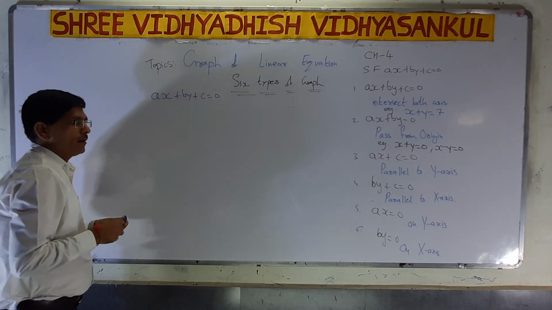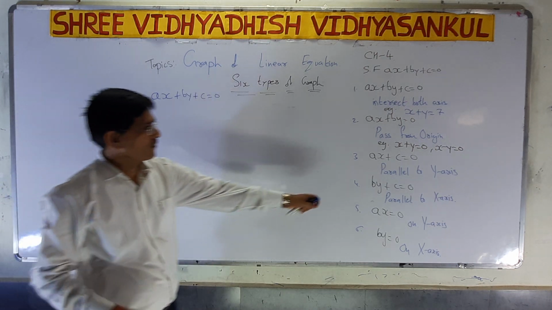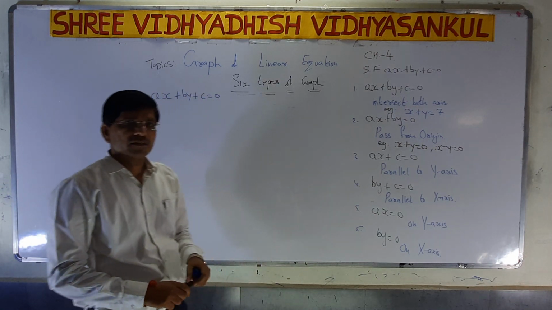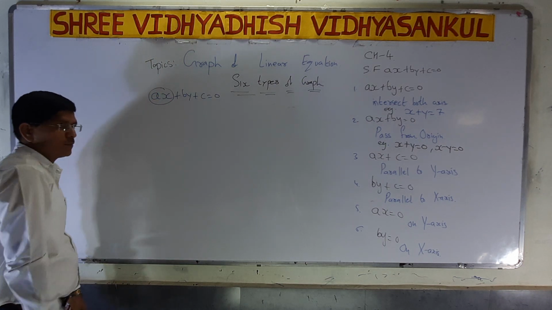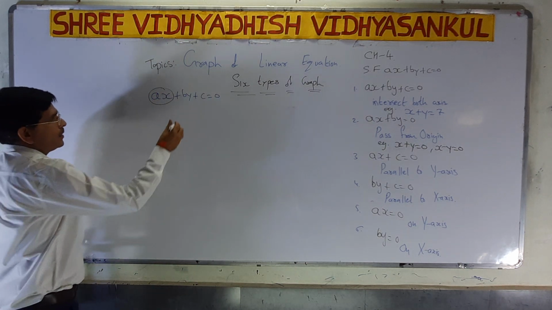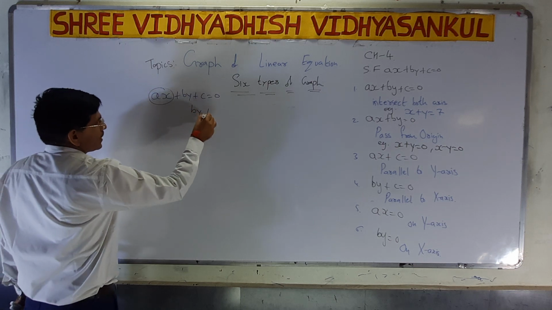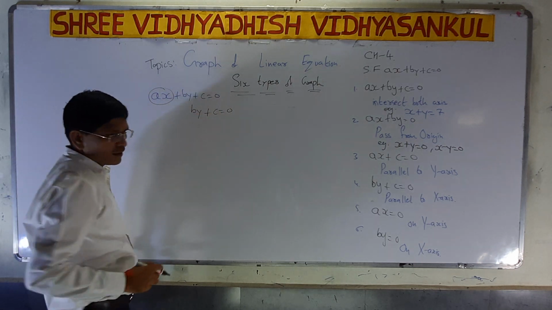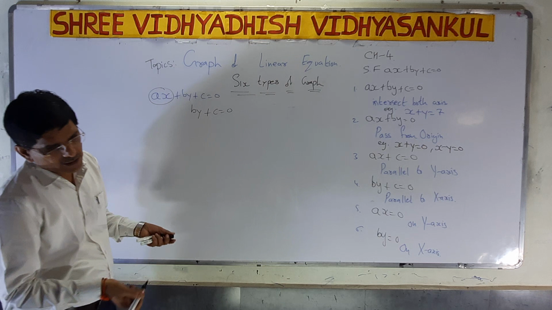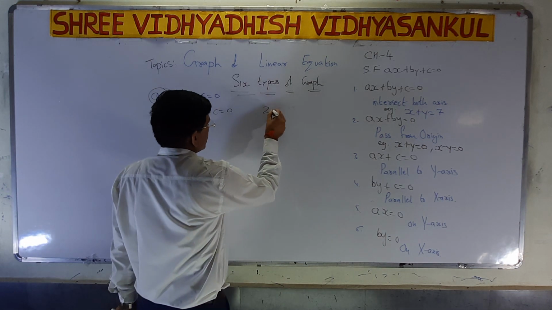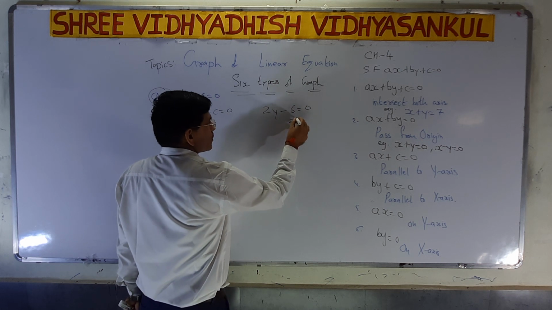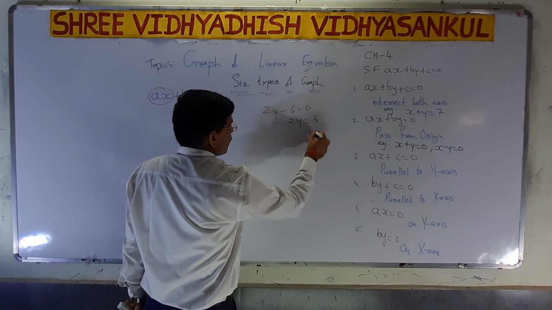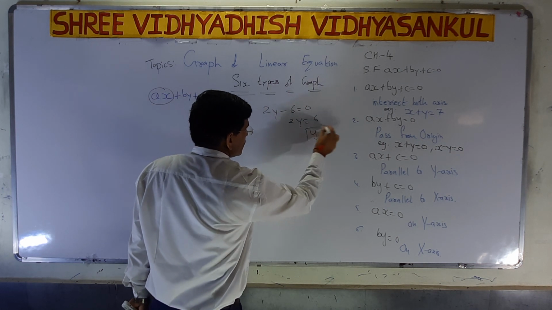Now by plus c, so ax is removed. We can take any example. 2y minus 6 is equal to 0, 2y is equal to 6, y is equal to 3.